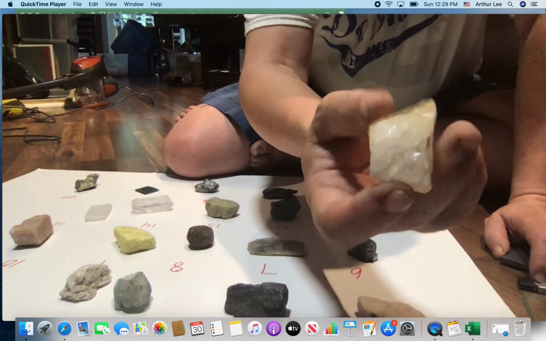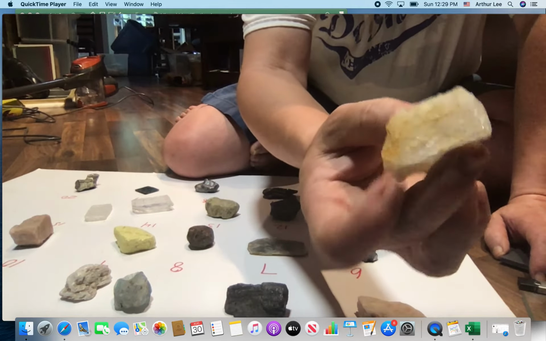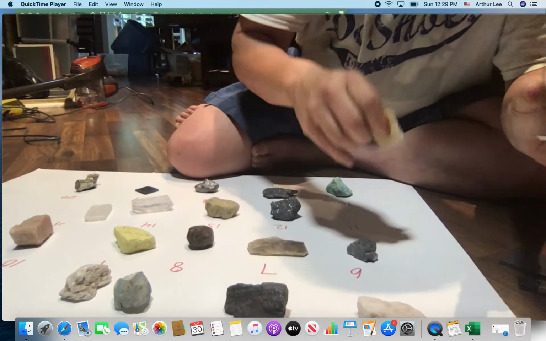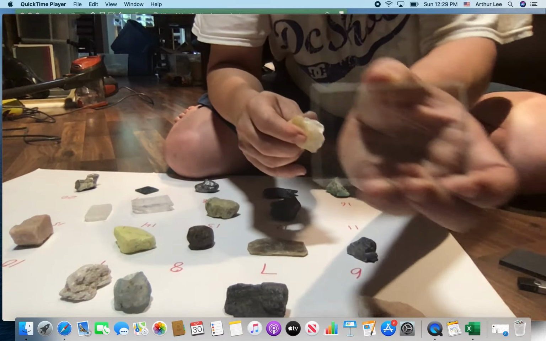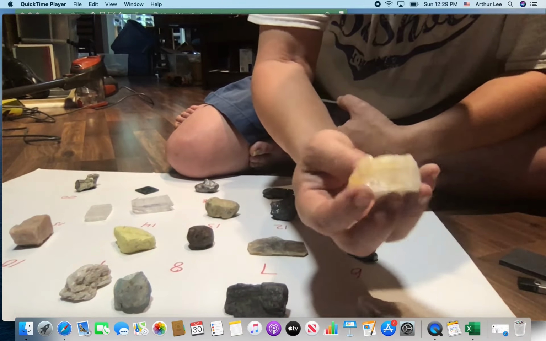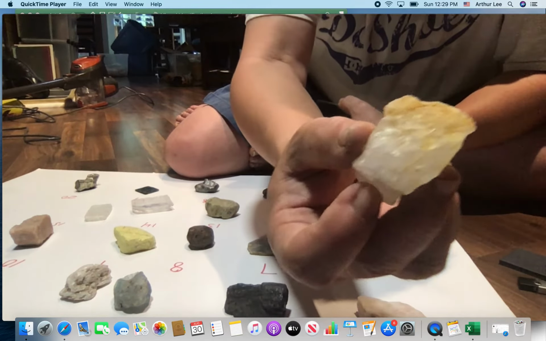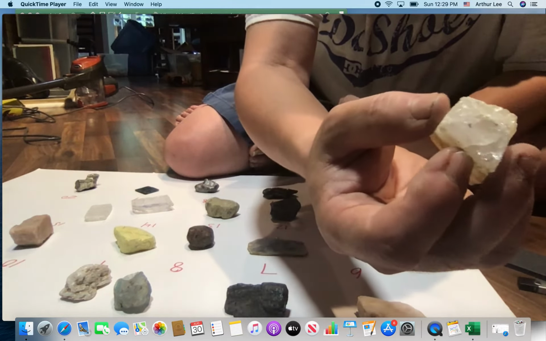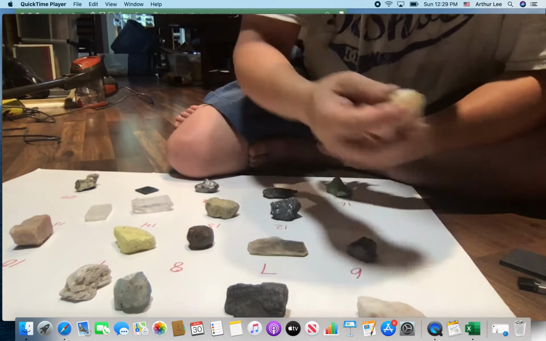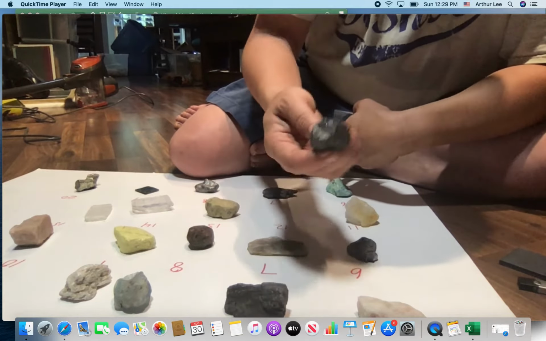Non. It scratches glass. Does scratch glass. So it's harder than 6.5. No cleavage.